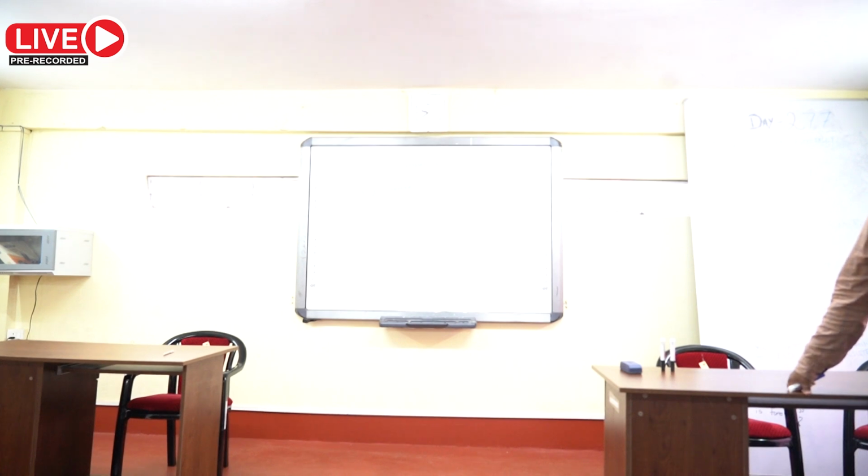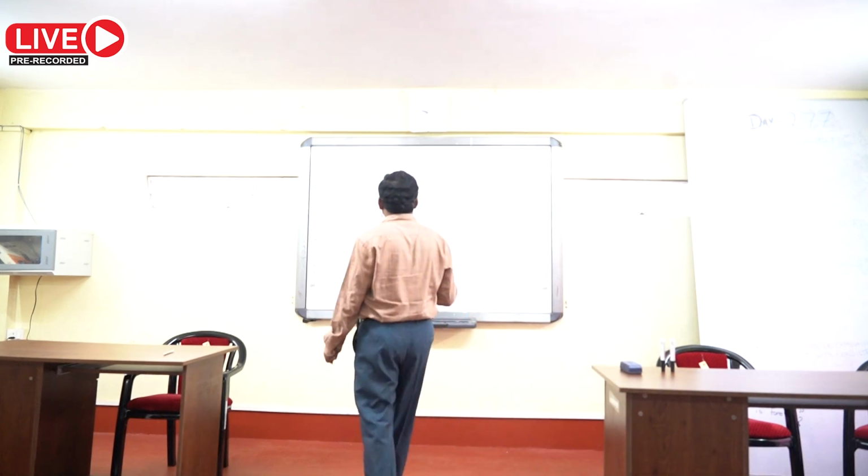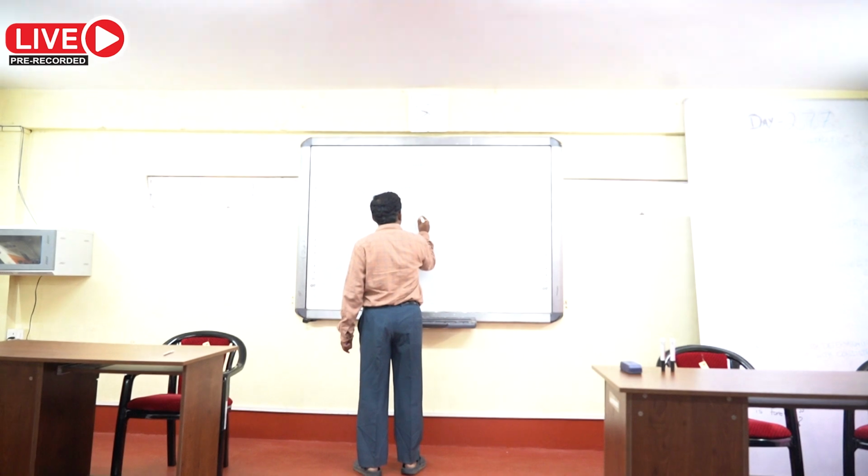Then I can write F proportional to x. So as the elongation or the compression increases, the elastic force or the restoring force will also increase. So this is a directly proportional relation. This relation was given by Robert Hooke, and as a result it is termed Hooke's law.